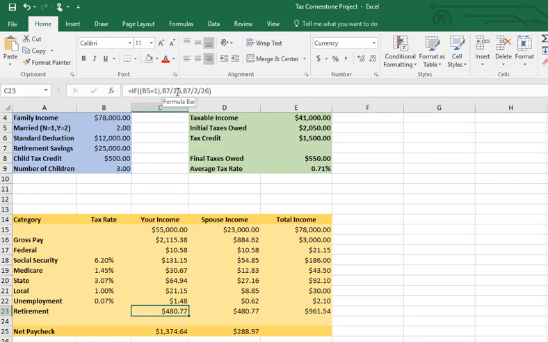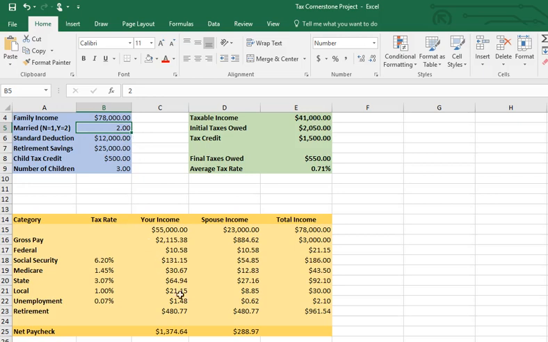That's how much would be coming from each of your paychecks into your retirement savings, say to your 401k. On the other hand, if you are married, then you're going to take your retirement and divide it by 2 because your spouse is going to do half of it, and then divide by 26. So let's just see what happens here.